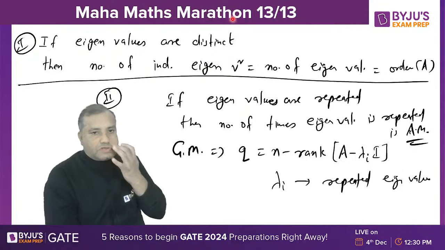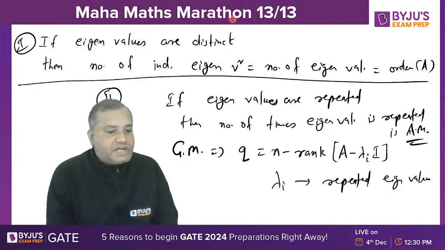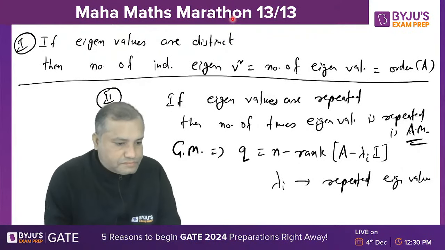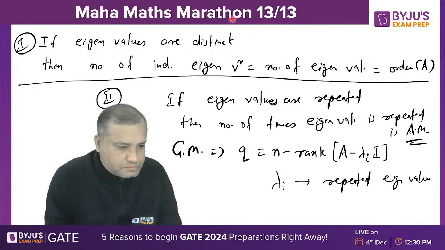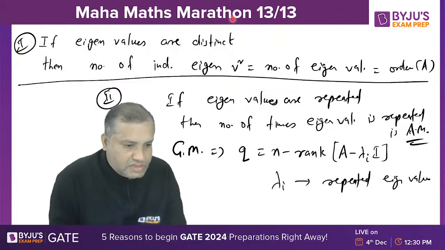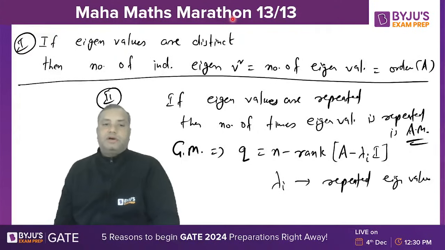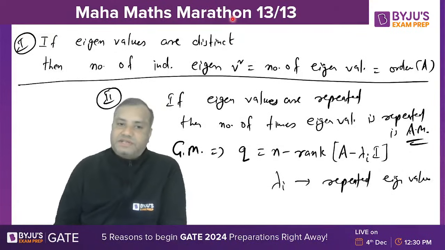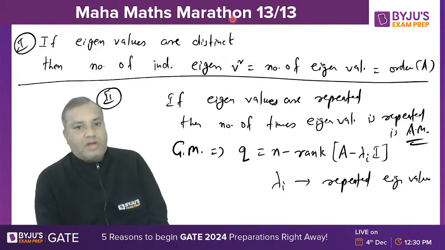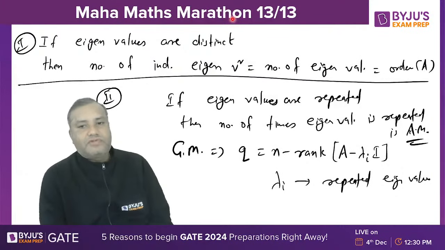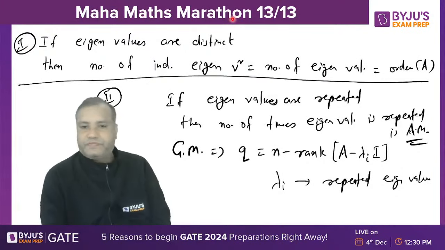So if you have a matrix with distinct eigenvalues, wait, Chandrasekhar. If eigenvalues are distinct, then that matrix can always be diagonalized, because for such a matrix the number of independent eigenvectors is always equal to the number of eigenvalues.